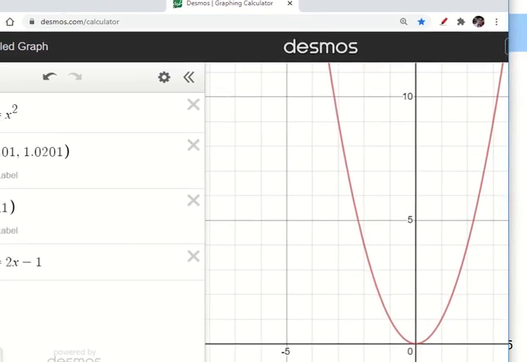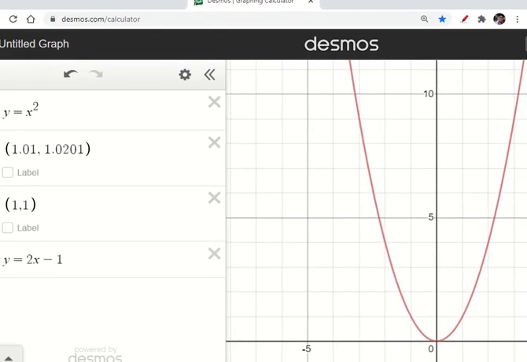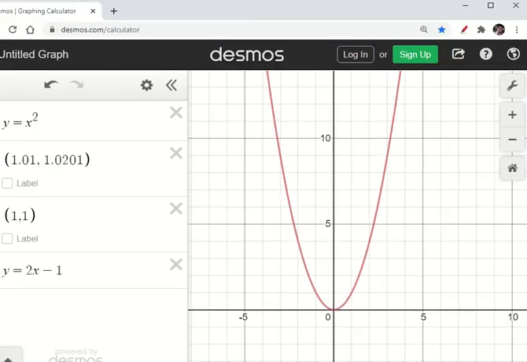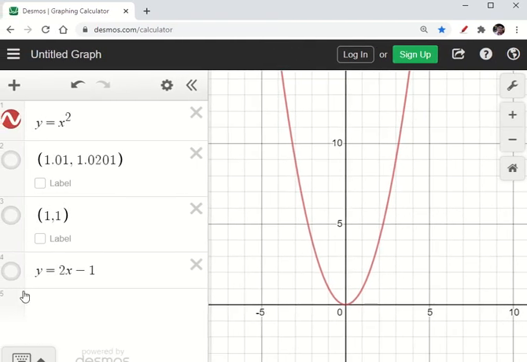Let's say we have a graph here. How do we actually find the slope of a function like this? Let's start with some revision.